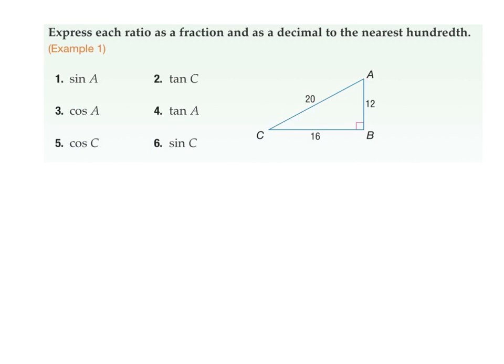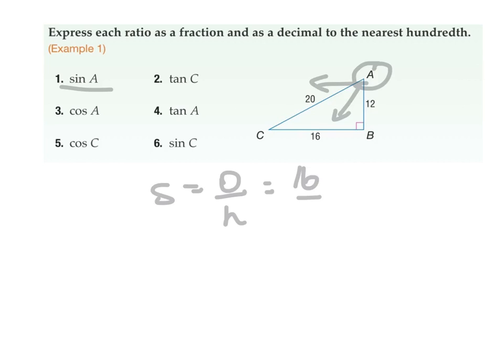And here's example 1. Express each ratio as a fraction and as a decimal to the nearest hundredth. So let's take question number 1. Sine is sine of A. So sine is equal to opposite over the hypotenuse, and I've abbreviated it here. What's opposite A? Well, this is angle A, so what is opposite? It's going to be 16, and the hypotenuse is going to be 20.